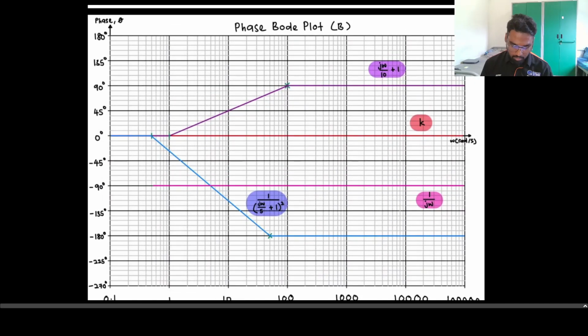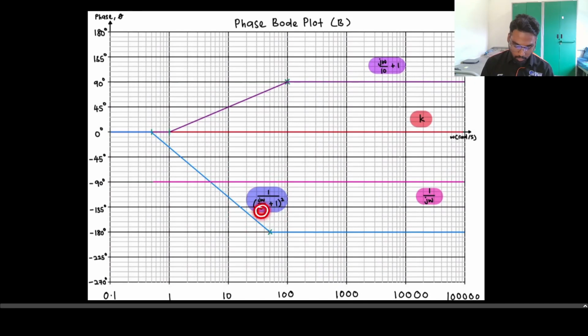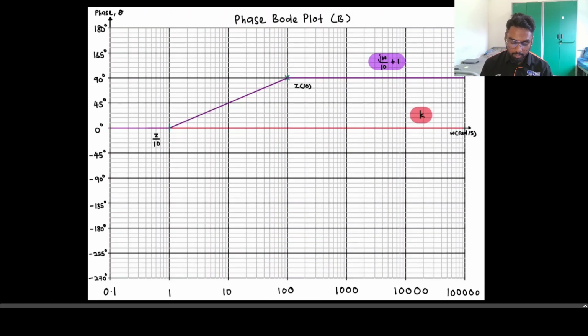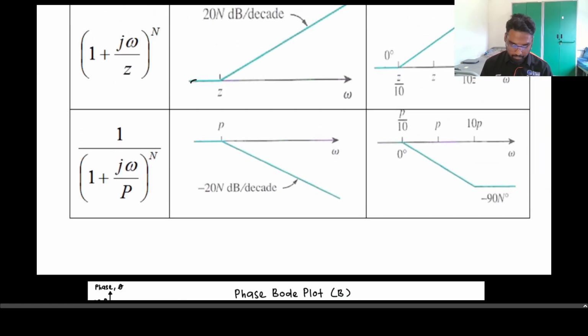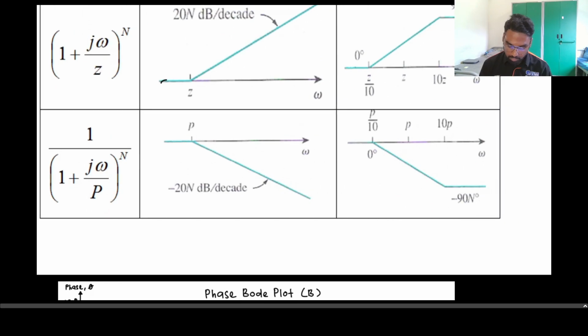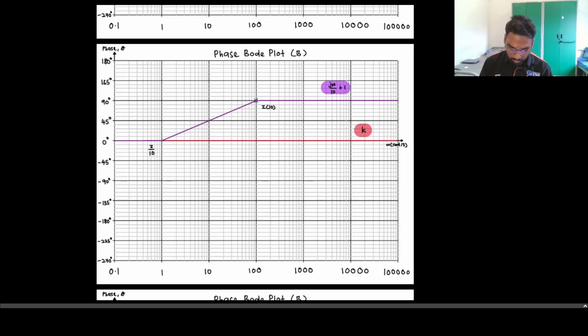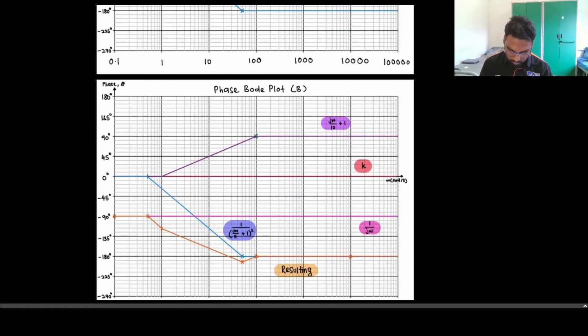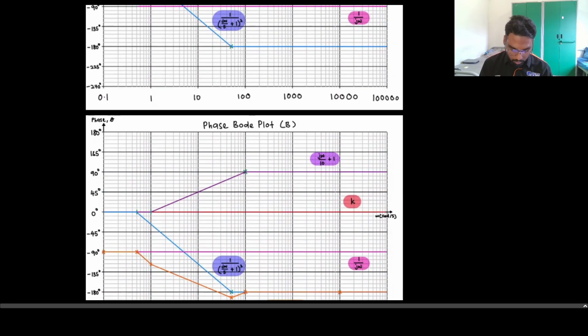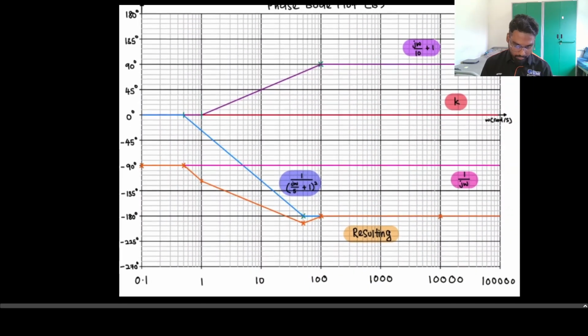For the last one, we have a simple pole, where the value of the pole is 5. So referring back to the table, we have pole of 5. Now the first coordinate should be across 0 angle, and the omega should be p over 10, so pole over 10. Our pole is 5, so 5 over 10 is 0.5.